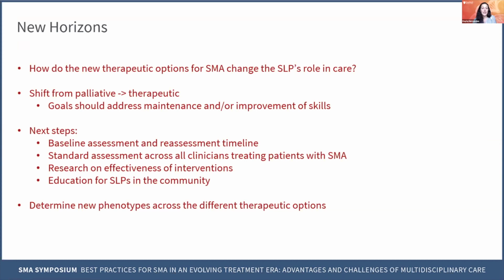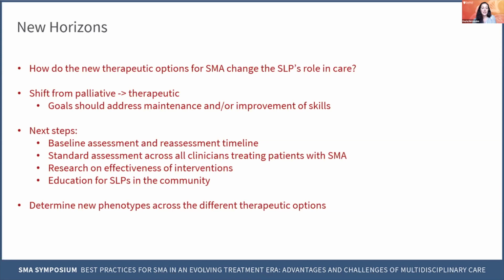And then also education for SLPs in the community who might not have been seeing SMA patients at a high rate, but potentially now will be as some of these pharmaceuticals and therapeutic agents are becoming more effective and expanding the life expectancy for some of our patients.